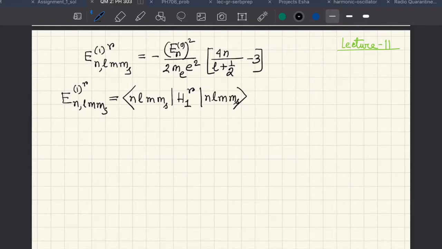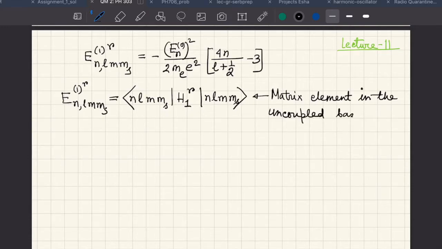In fact, it was introduced in PH 204. We just recapitulated it. So this is the matrix element in the uncoupled basis. That is why we had written the subscripts m and ms to remind us that this really is calculated in the uncoupled basis.